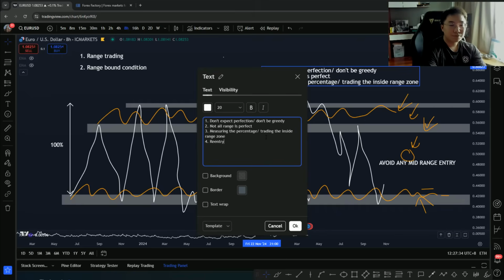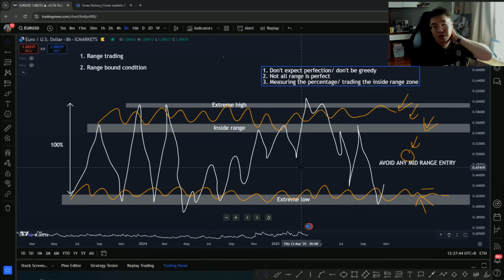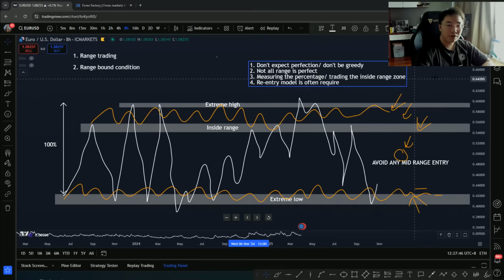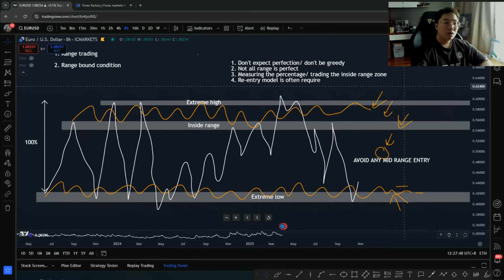Re-entry model is often required. So inside our trade club again, there's one thing called a re-entry criteria or a re-entry model.